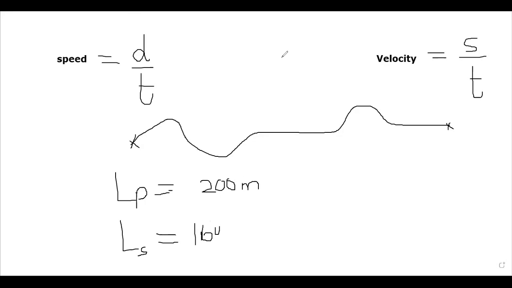Someone other than Hur tells me which length is scalar and which one is vector. Speed is vector and velocity is scalar. I mean, which length is vector, which length is scalar.